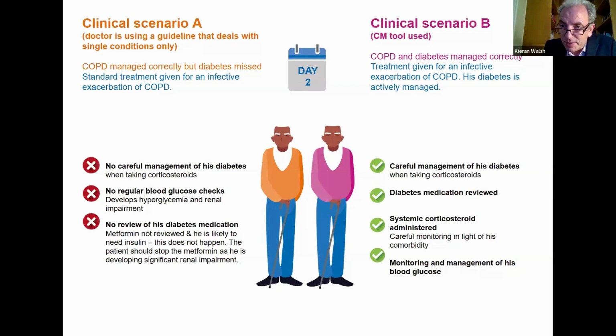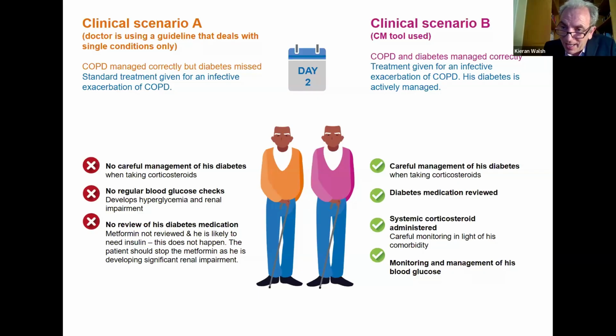But if you use the BMJ Best Practice Comorbidities Manager and manage the COPD and the diabetes together, then you'll continue to control the blood sugar throughout the hospital stay. You'll review the diabetes medication, and the patient will improve quickly from a COPD perspective, but also from a diabetes perspective.